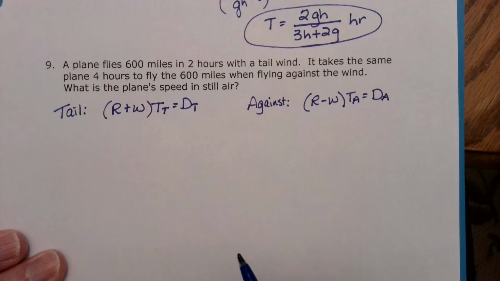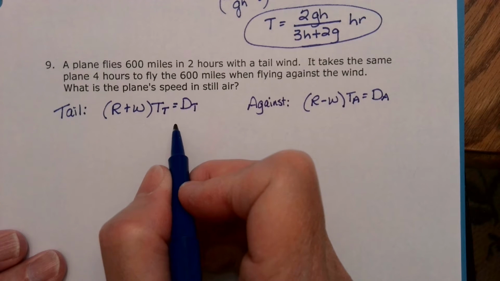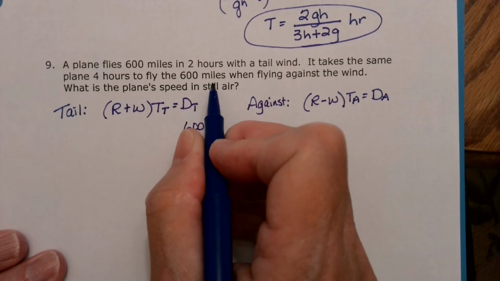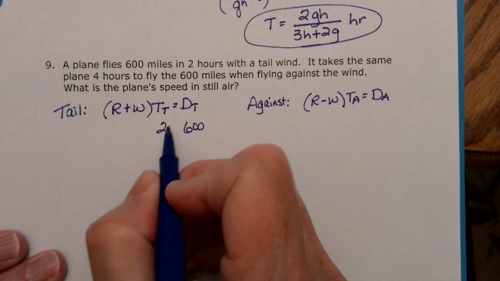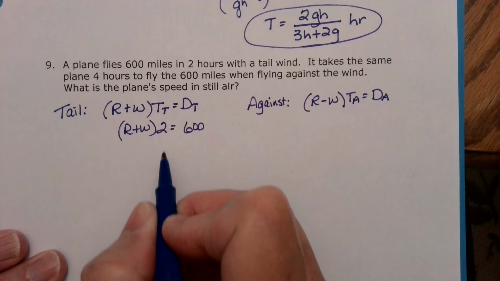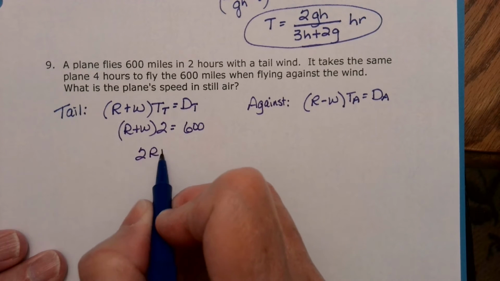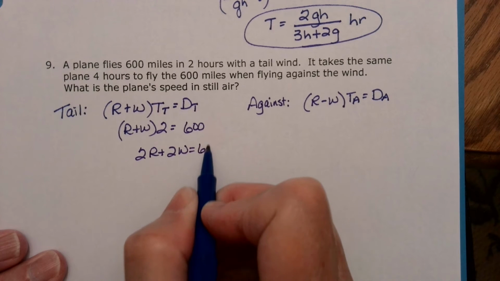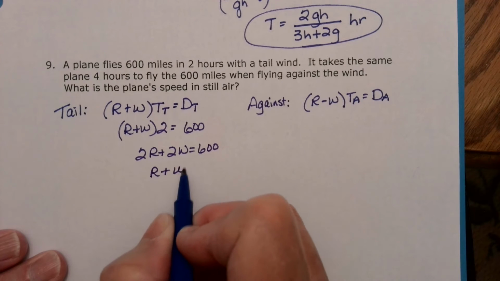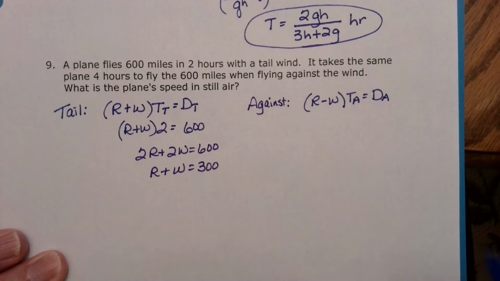So it tells us that 600 miles with the tailwind, so we have 600 here, and it says it took 2 hours, so this is a 2, so we can sub that in, and we can go ahead and multiply that out. And I would go ahead and divide everything by 2, just to simplify it.